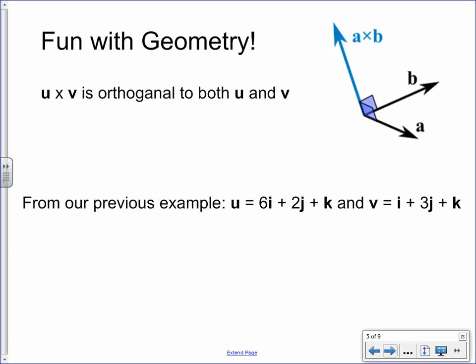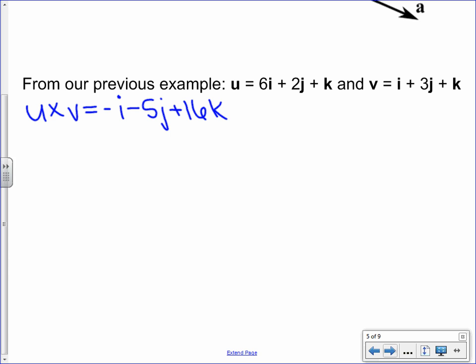So let's check this out. What was U cross V from our previous slide? If we take the dot product of U and U cross V, then we get 6 times -1 plus 2 times -5 plus 1 times 16.